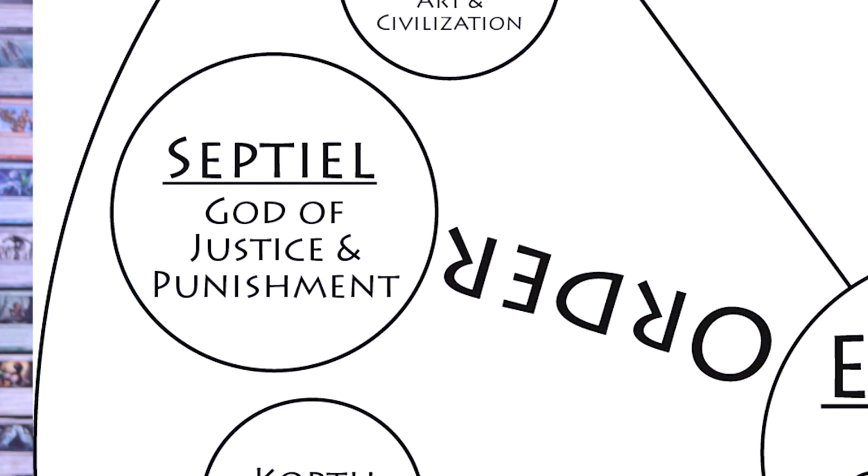Okay, let's see. So that's Korth, god of war and duty. Now, order, the epitome of order, I guess you could say, is Septiel, god of justice and punishment. He is the patron of... Oh, shoot, that's actually wrong on here.